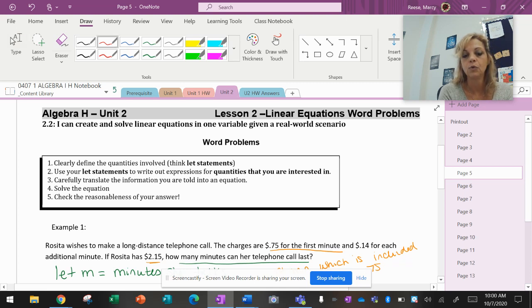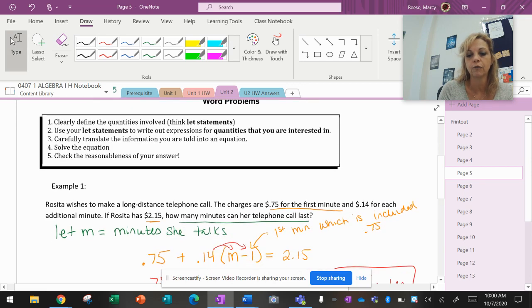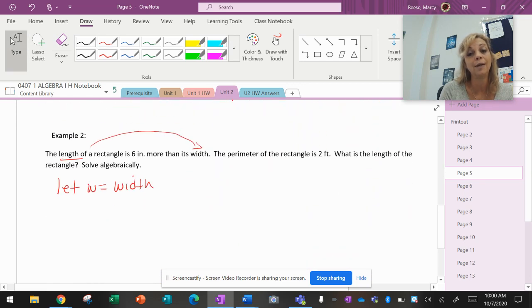The second step, use your let statements to write out expressions for quantities that you are interested in. So we need more than the width. We also need the length. And this says the length of the rectangle is 6 inches more, which is plus, than its width. So we take the width and we add 6 to equal the length.